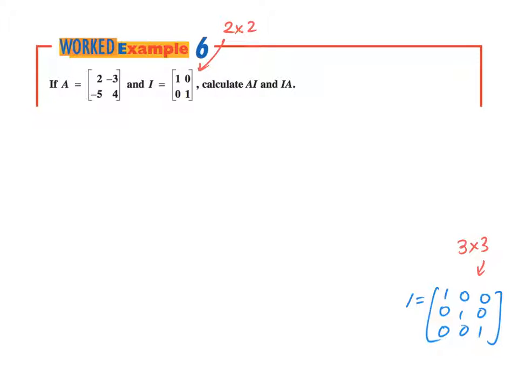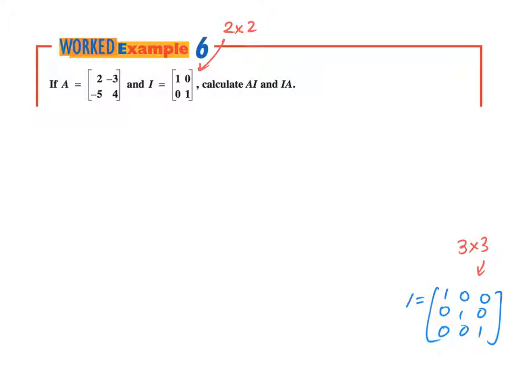So for a matrix that is square, we're able to make it into an identity matrix. A couple of other things about identity matrices I'll mention a little bit at the end of the video. But firstly, let's have a look at the multiplication of these two, A and I.